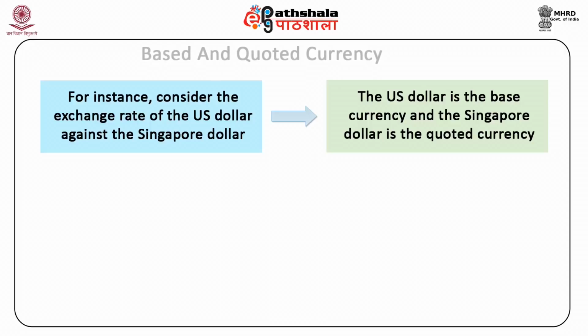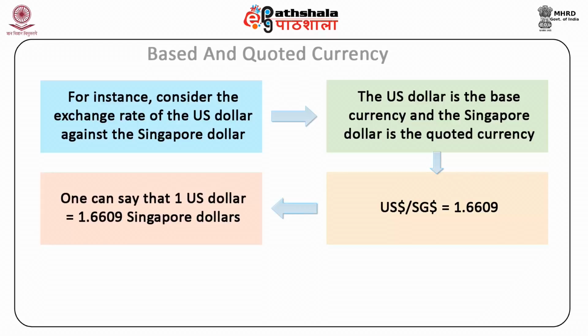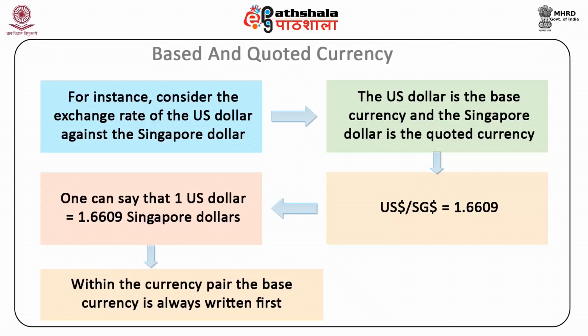If the following quote is seen, US dollar divided by Singapore dollar is equal to 1.6609, one can say that 1 US dollar is equal to 1.6609 Singapore dollars. Within the currency pair, the base currency is always written first. In general, the US dollar is always the base currency in a currency pair, but there are certain exceptions.